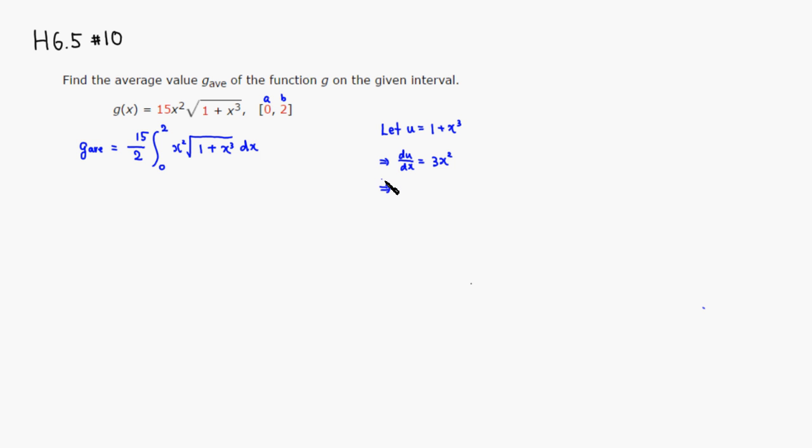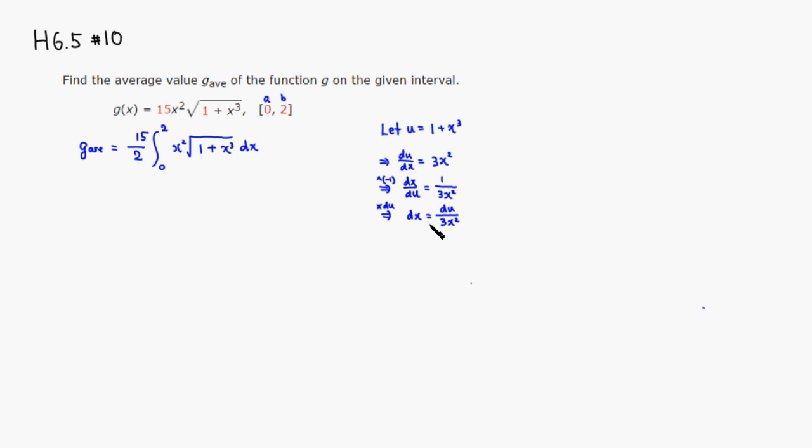Then we can take the reciprocal of both sides. You get dx over du is equal to 1 over 3x squared. Then we can just multiply through by du to isolate dx. So dx is equivalent to du over 3x squared.